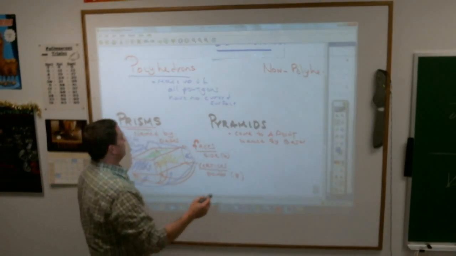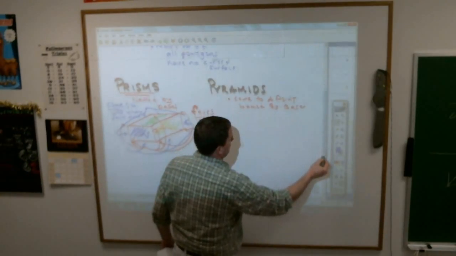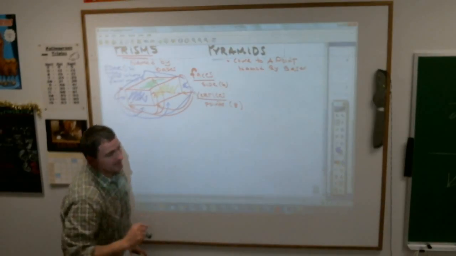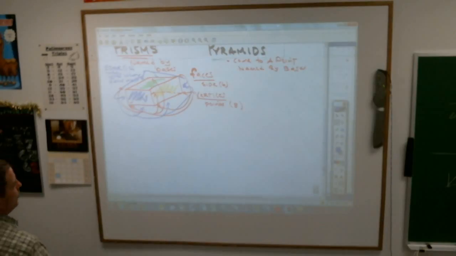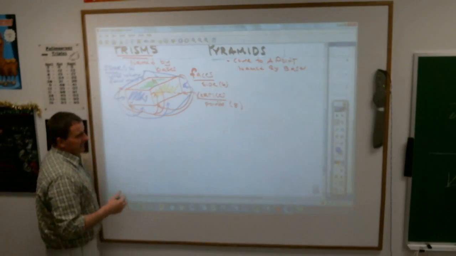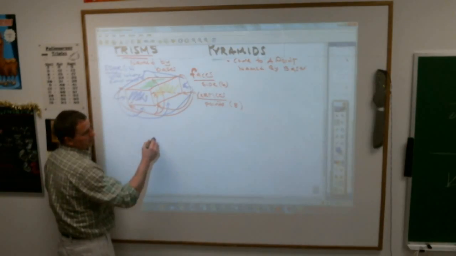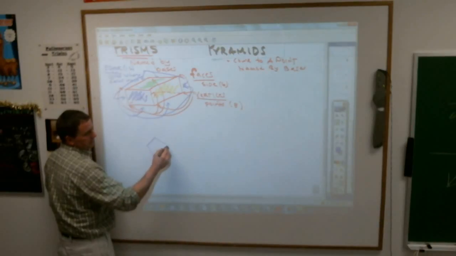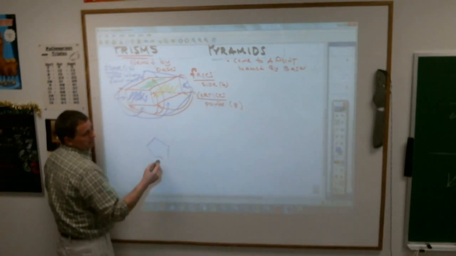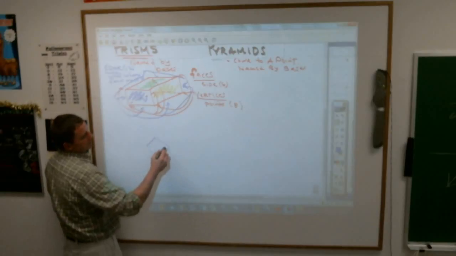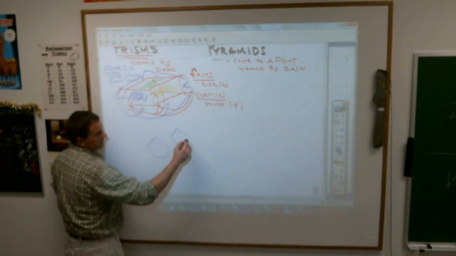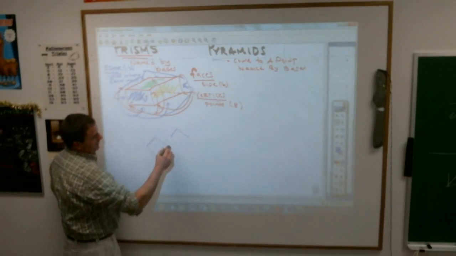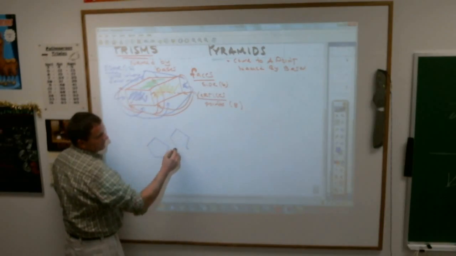Now, with those prisms, you can make a prism from any polygon shape. For example, what about a pentagon? If you start with a pentagon, and as good as your drawing skills are, you draw another identical pentagon right here. Oh boy. Not easy.